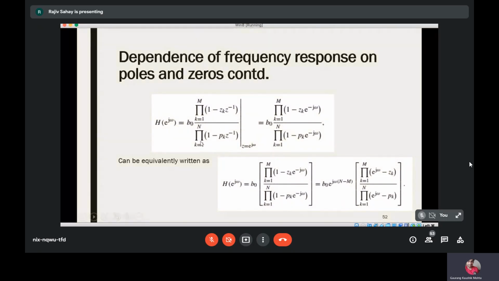So we have now seen that this particular expression can be written like this, and it can also be written like this. You see here, we have just tried to simplify this a little bit, and because of this simplification, e^{jω(N-M)} has come out.